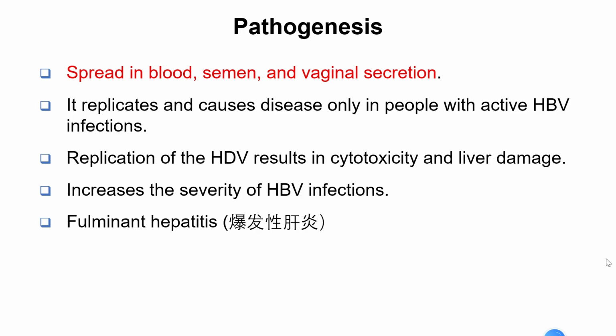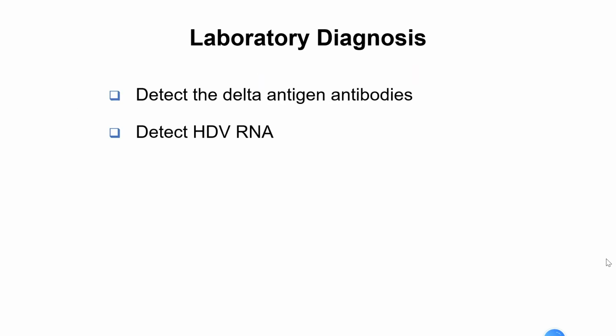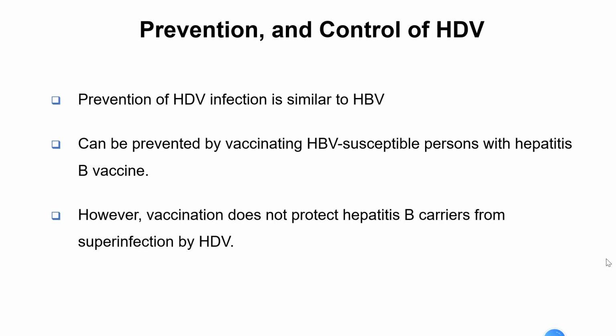And understanding the logic behind this, we should know the method to prevent HDV infection. Okay, for diagnosis, we can detect the specific antigen, the delta antigen, and antibody, and or detect the HDV RNA, the molecular methods. To prevent HDV infection, the method is similar to preventing HBV, such as utilization of HBV vaccine.